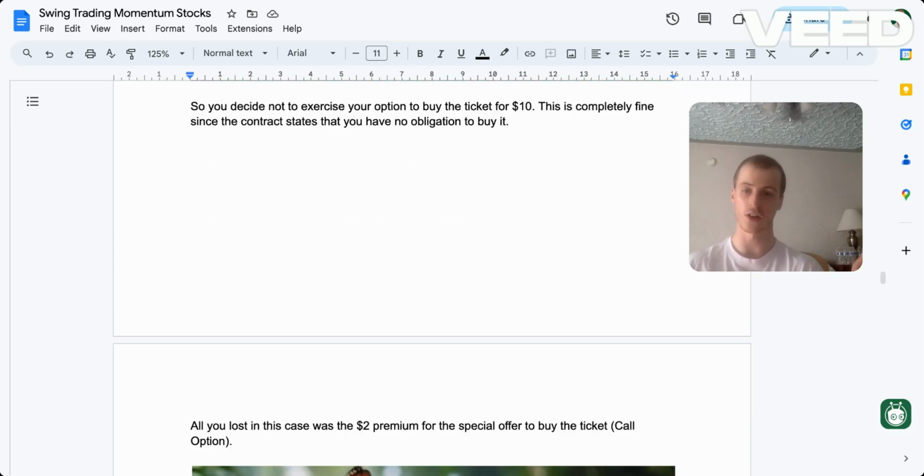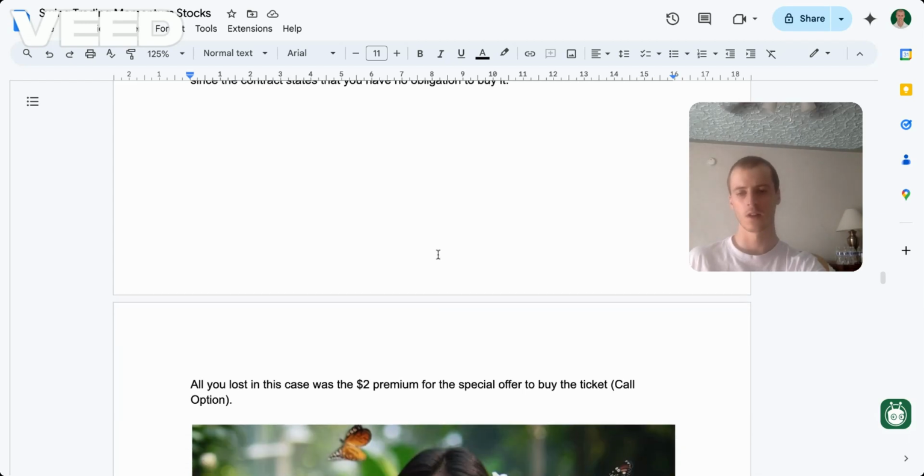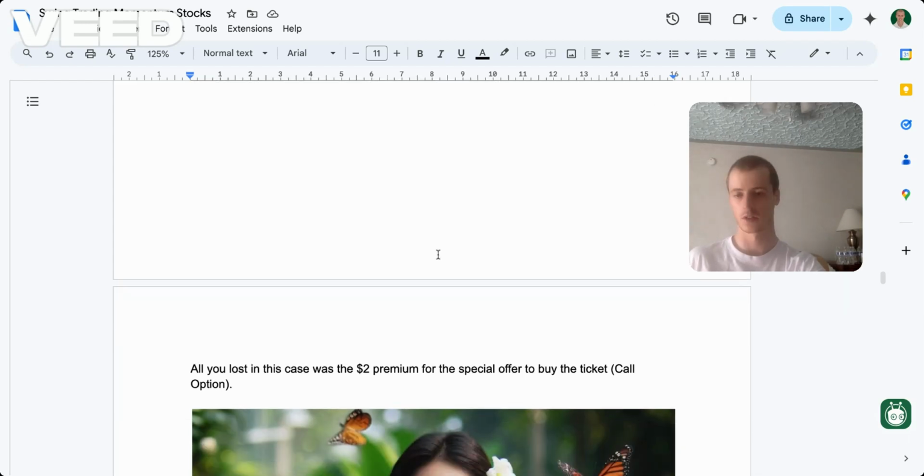And this is completely fine. It's completely legal. It's completely aligned with the agreements of that options contract, since you have no obligation to buy it. Okay? Whenever you're making that initial purchase, you're only paying for the option to be able to buy it. Okay? Super important. And this reduces your risk massively, by the way.